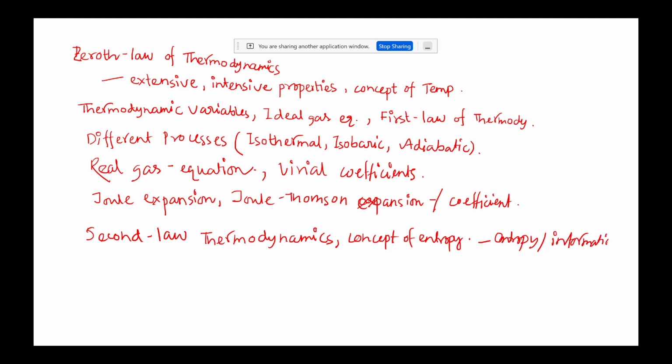And then we talked about different machines, rather engines, because there is a fundamental difference between machines and engines. Okay. And we talked about the Carnot engine, the Stirling engine, and so on.